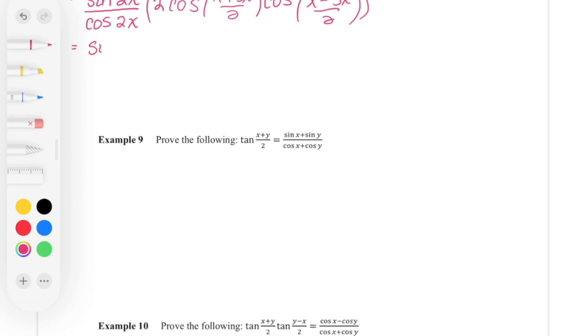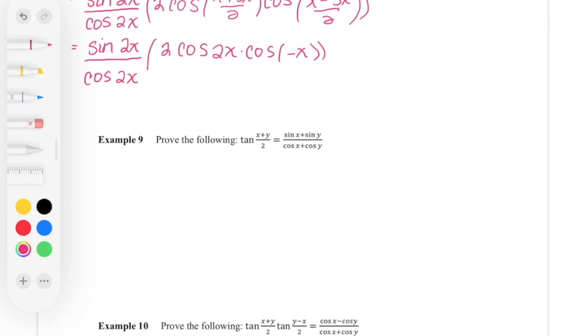I'll still have sine of 2x over cosine of 2x times 2 times cosine of 2x, since x plus 3x would be 4x, divided by 2 would be 2x, times cosine of negative x, since we'll have negative 2 over 2, which is negative 1.